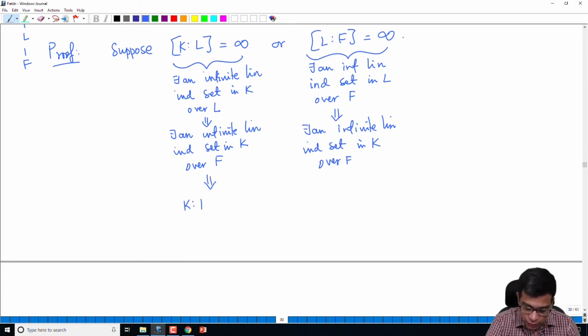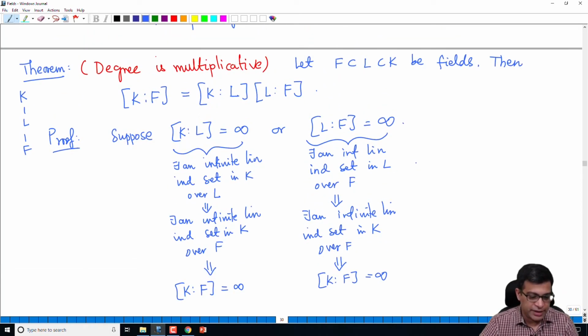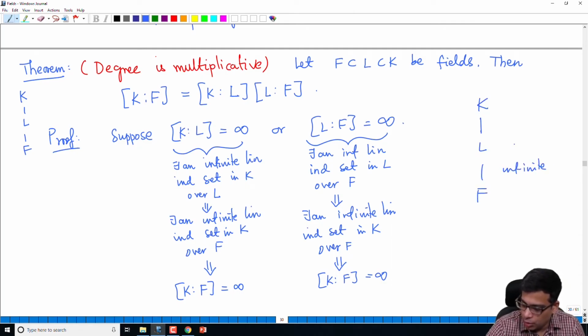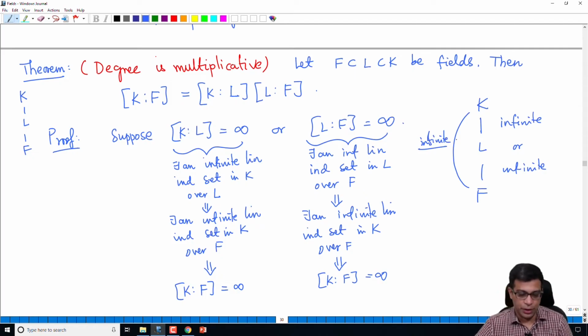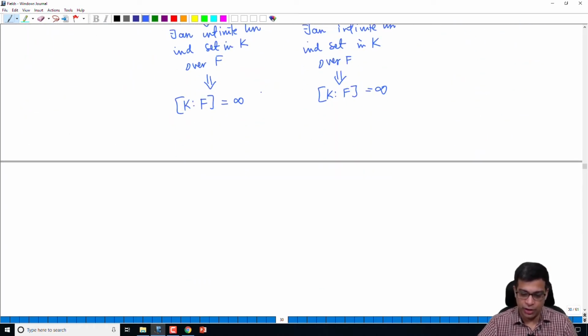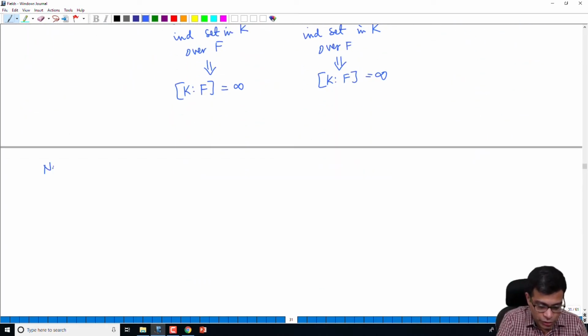In either case, we have K colon F is infinity. So what we are saying is that if one of these, so we have K, L, F, this is infinity or this is infinity, implies this is infinity. Okay, so this is the first simple case. When either of these two numbers, K colon L or L colon F, is infinity, then K colon F is also infinity.